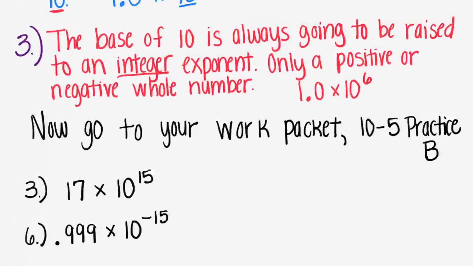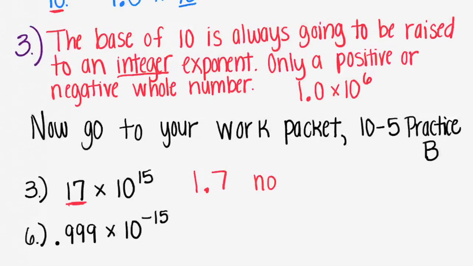Well, the problem here is 17 is a double-digit number. Remember, rule number 1 says that the number in front of the decimal would have to be a single-digit number, either numbers 1 through 9. So for this to be written in scientific notation, it would have to be 1.7. So this is not in scientific notation, and that would be why, because 17 is a double-digit number.